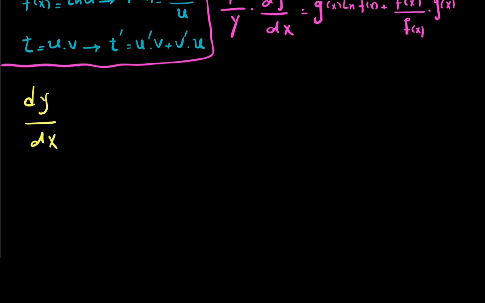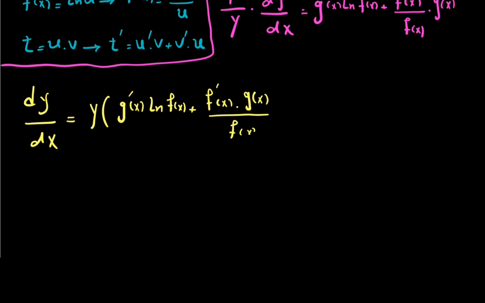dy divided by dx equals y times g prime x times ln f(x) plus f prime x times g(x) divided by f(x).